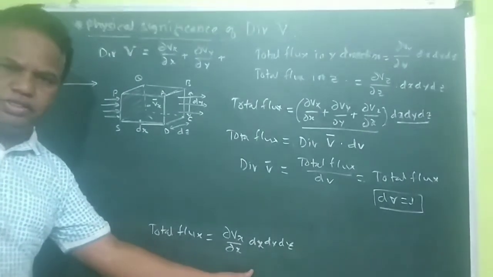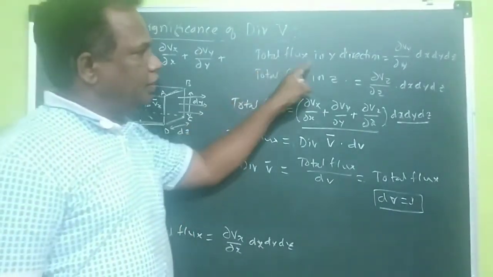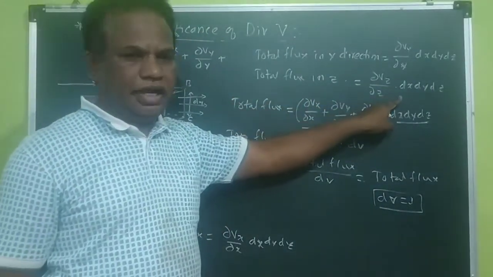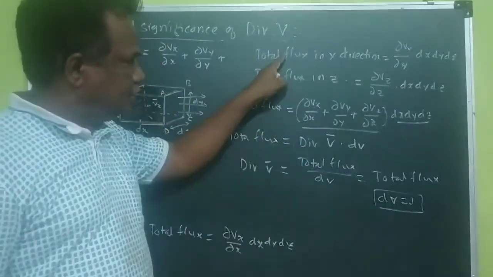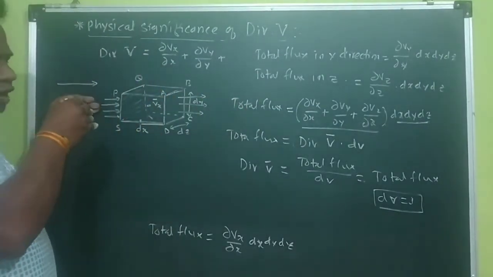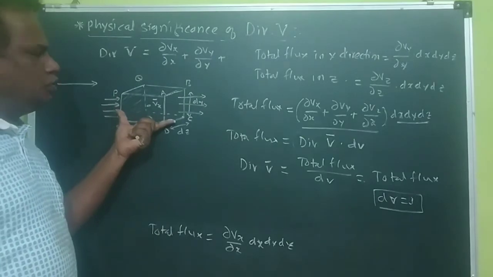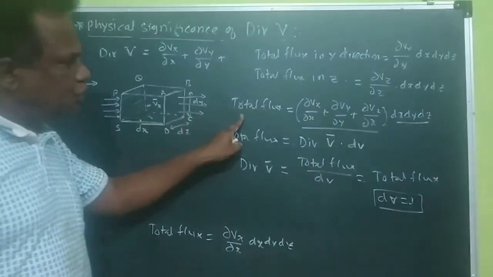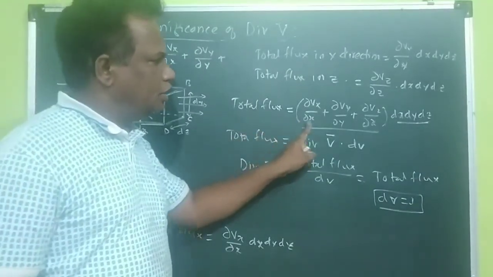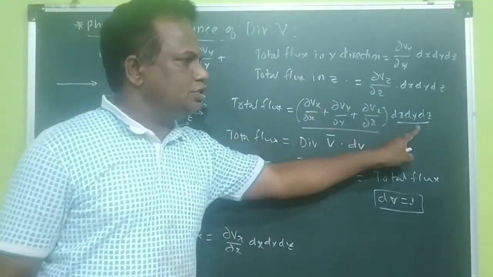Variation gives rise to this. In the direction y, variation gives rise to this. Whereas in the direction of z, it gives like this. So addition of all these, that means in directions x, y and z, all the variation gives rise to total variation in the box.